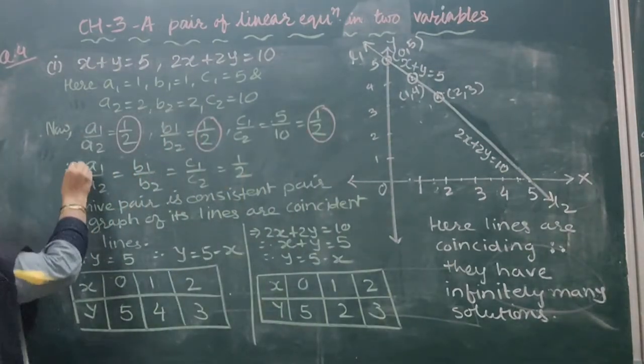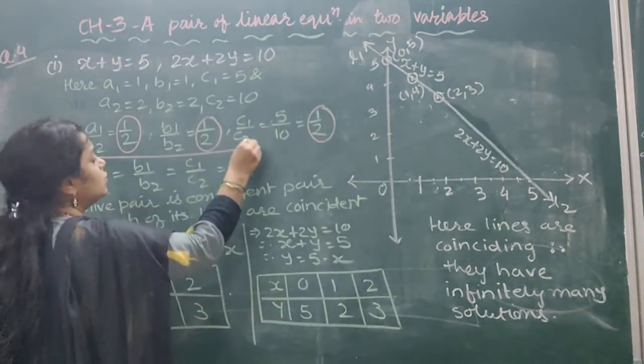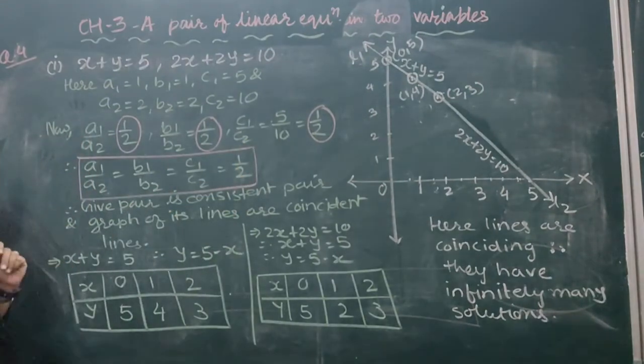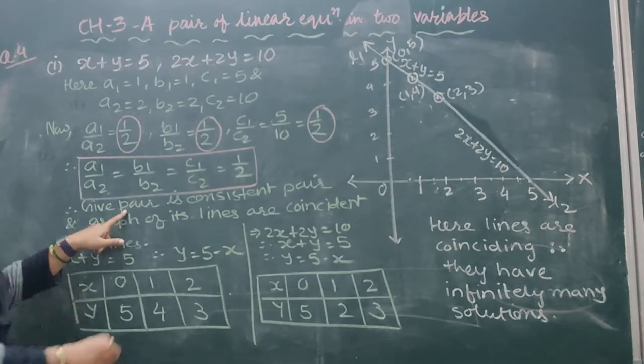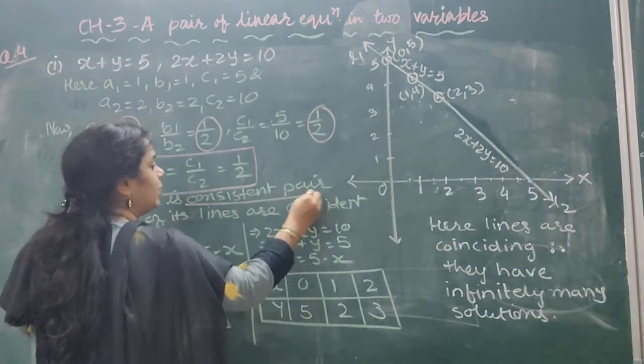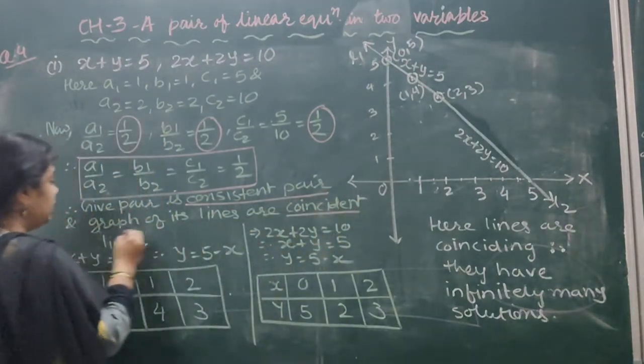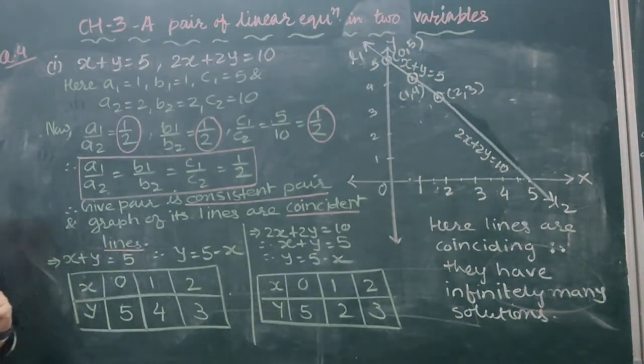So here we get that a1 by a2 is equal to b1 by b2 is equal to c1 by c2, and therefore the given pair is a consistent pair and the lines we get graphically are coincident lines.